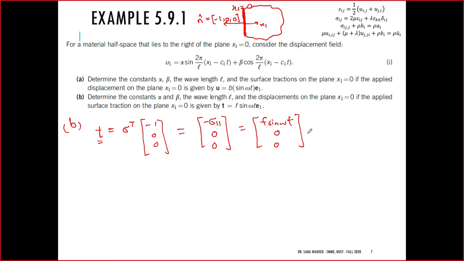That this time around, our boundary condition, instead of it being on the displacement, is actually on sigma 1, 1. So अब हमें ये impose करना है. Okay, ठीक है, we can do that because हमारे पास displacement field ये रही, we can find the strain and then hence find the stress. Okay, so let's see how to do that.